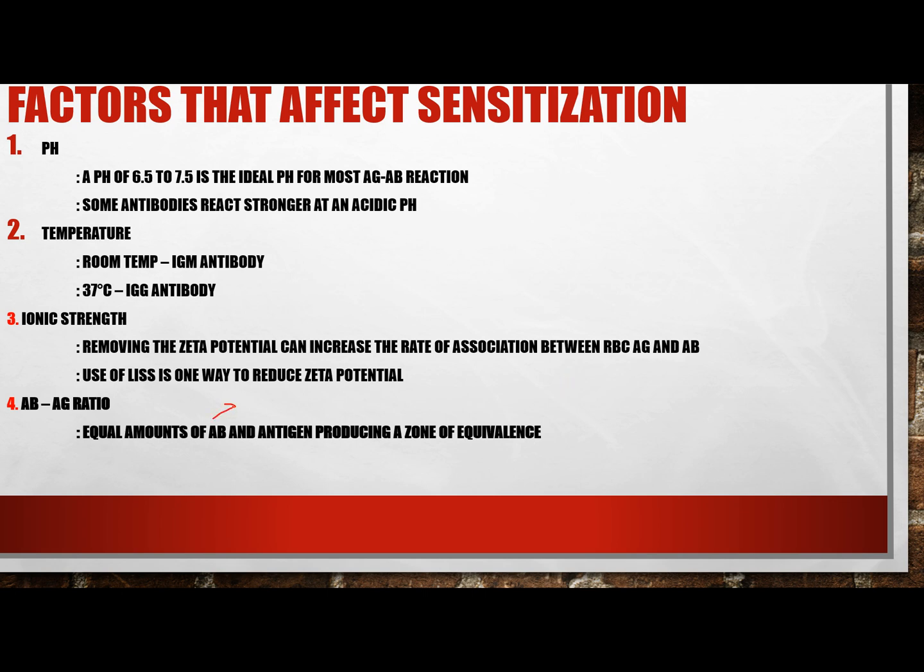Remember, the most common sample where antibodies could be found is serum, and the most common example of an antigen used in the laboratory is red blood cells. So if you're going to use 1 drop of serum, make sure that you also use 1 drop of RBC to produce a zone of equivalence.